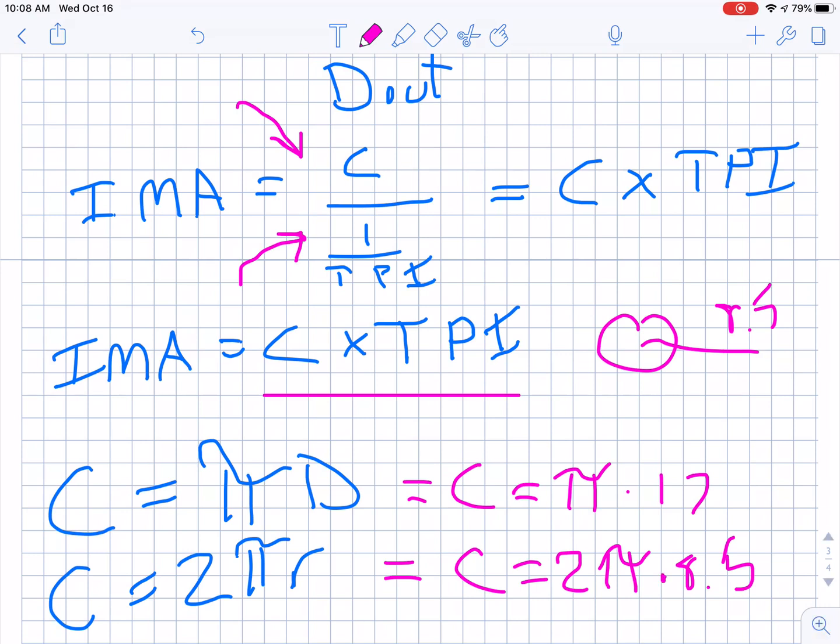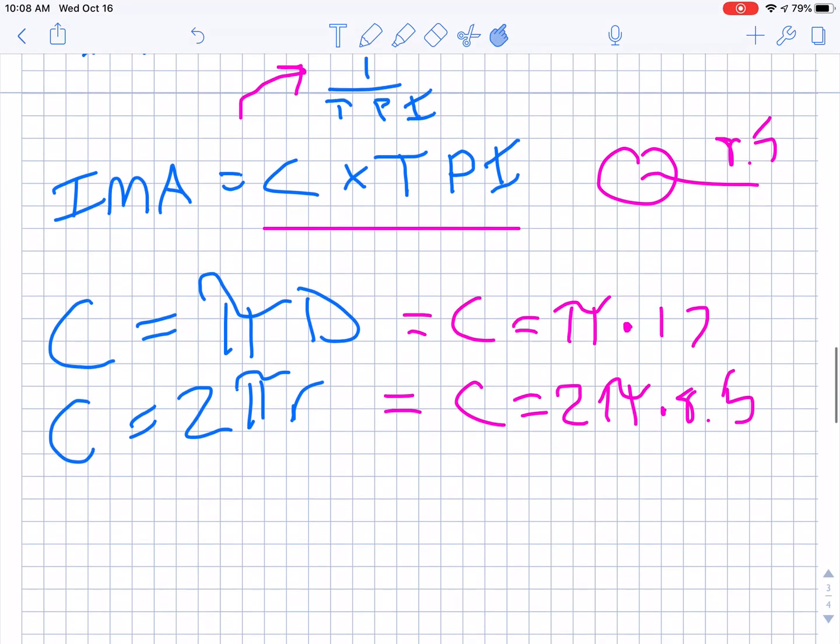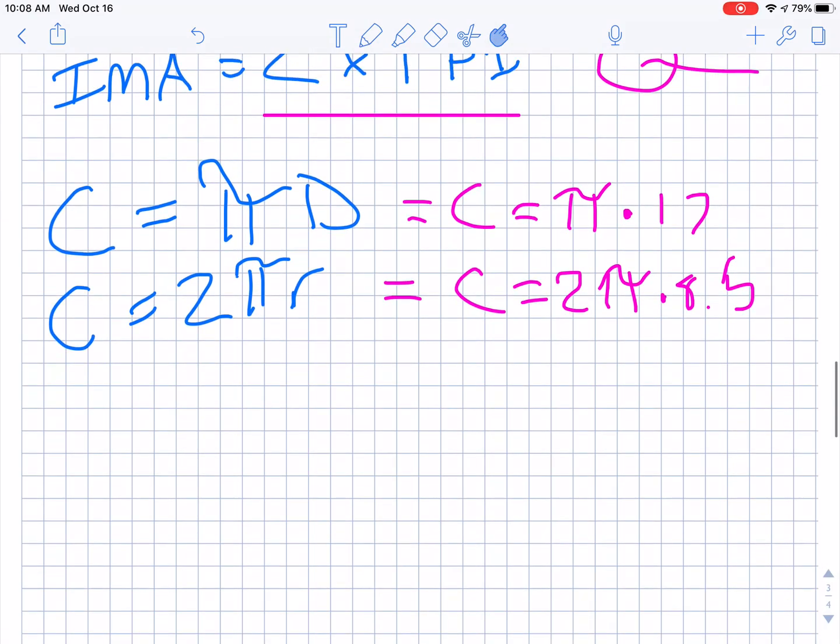You'll get the same thing, okay? So let me do that real quick. I always use the diameter one. I don't know why, I just do. So pi times 17 equals 53.407. Okay, so down here, IMA equals circumference times TPI.